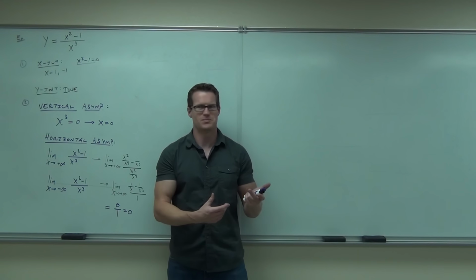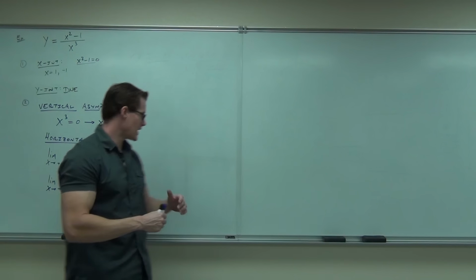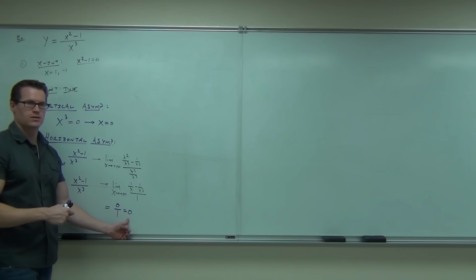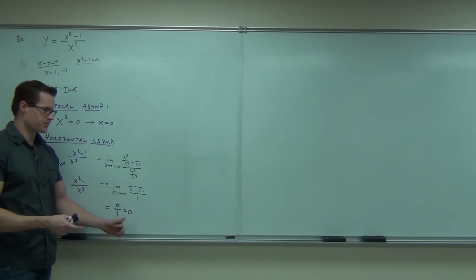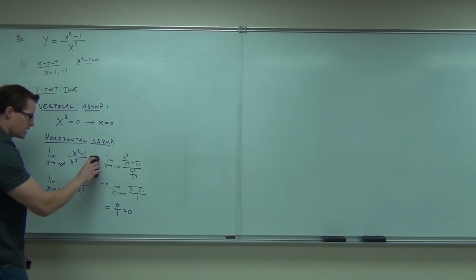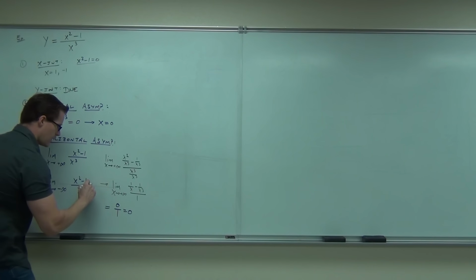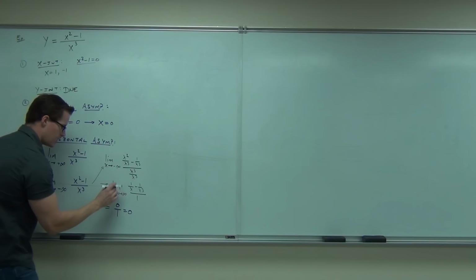I see some nods. Questions? Are you okay that this is equal to 0? Yeah. Okay. If it was going to negative infinity, so let me just change the problem here. Now let's say, aha.